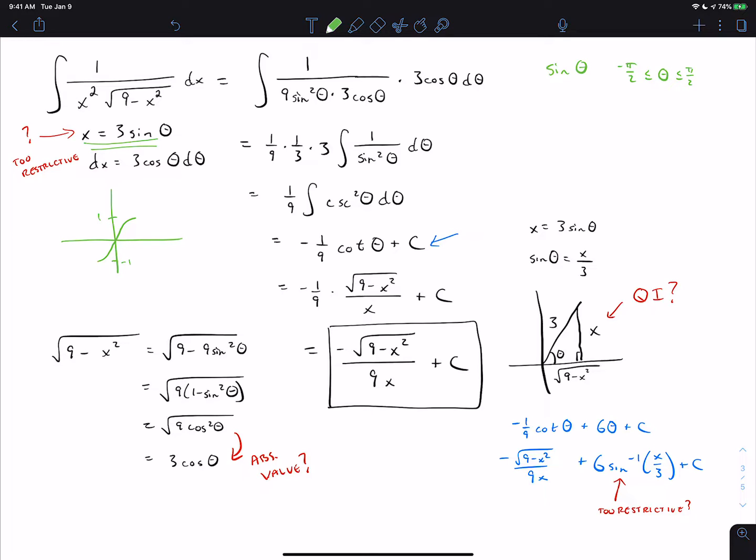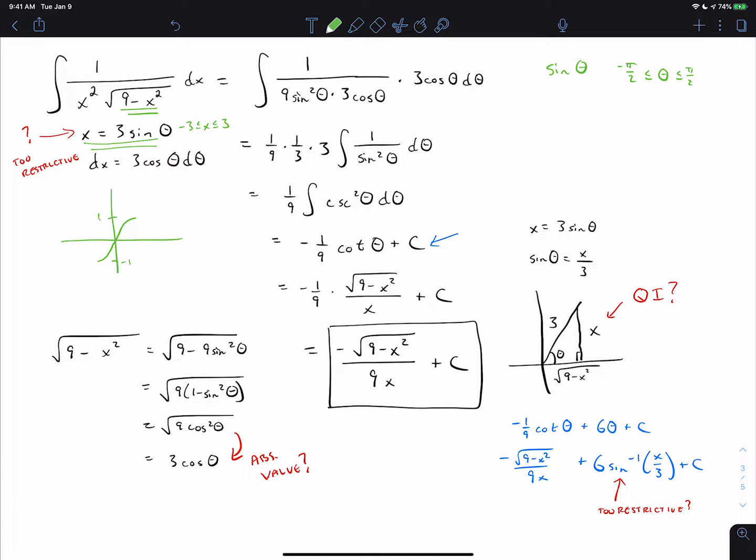Another thing is that this restriction really indicates that x has to be between negative 3 and 3, because sine is at most 1 and at least negative 1. That means 3 times sine theta is between negative 3 and positive 3. Normally, that assumption is not allowed, but when we're talking about a square root, it's understood that the value under the square root needs to be non-negative.